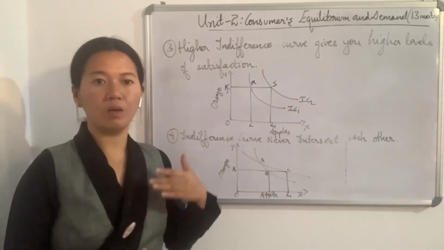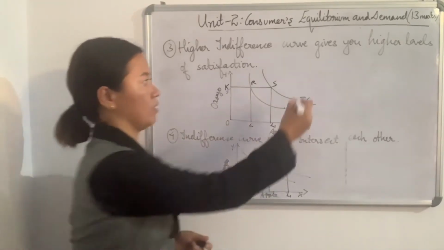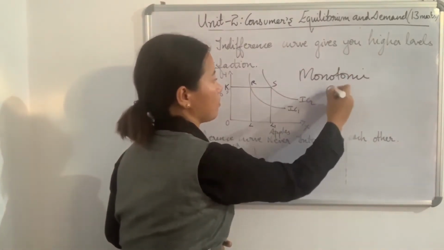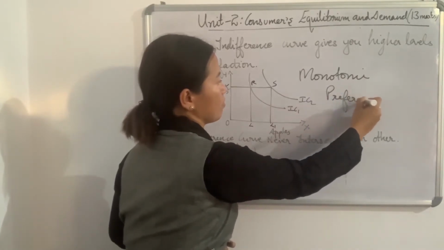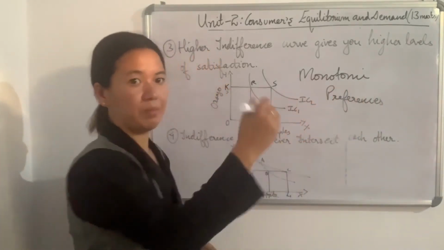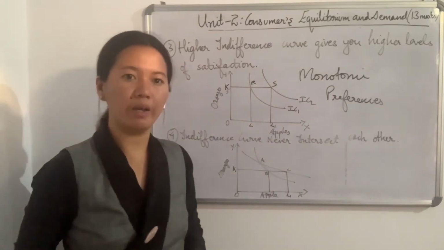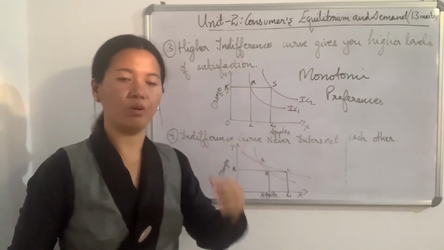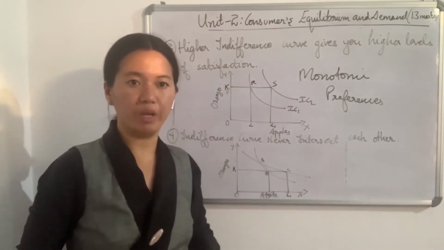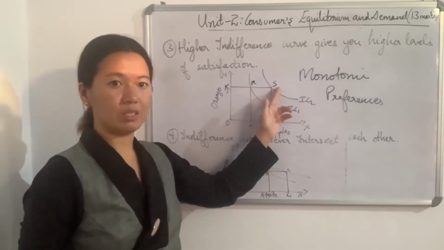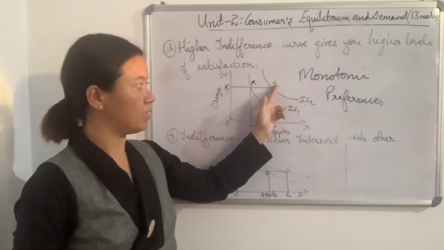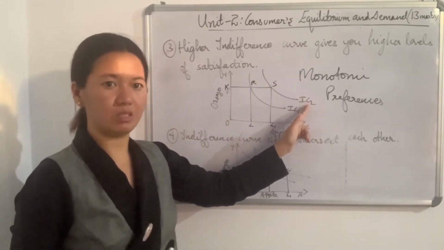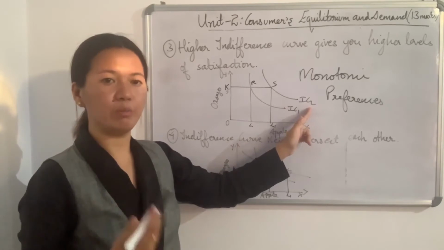As we have learned in the previous property, monotonic preferences means greater consumption, higher level of satisfaction. And since S consumes a greater number of apples, it gives more satisfaction. Therefore, since S is on IC2, IC2 gives a higher level of satisfaction because it consumes more of one good.